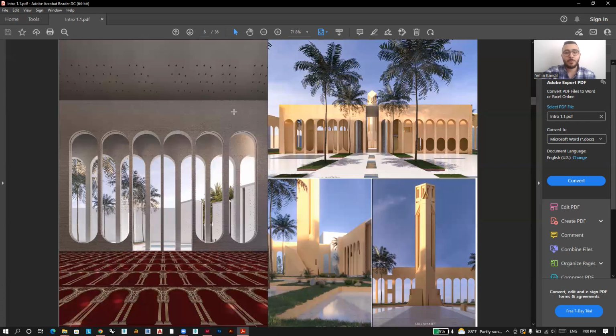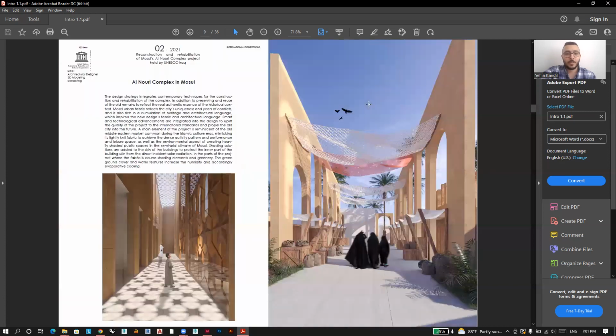This was supposed to be the residential building, with occasions that can happen on the left part here, which is called the Diwan. And this is the minaret. It was the very last end of the journey in this complex.